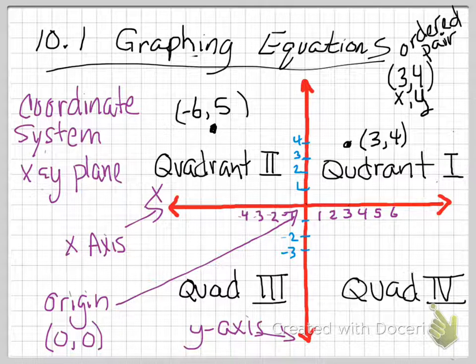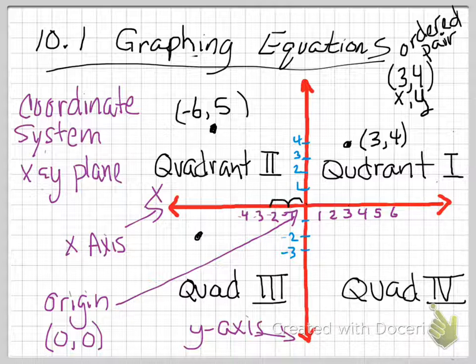So in all the ordered pairs in quadrant 2, the first one will always be negative because you always go backwards from the origin and then up. In quadrant 1, those ordered pairs will always both be positive. If I randomly pick a point in quadrant 3, again I start from the origin and I always go x first.